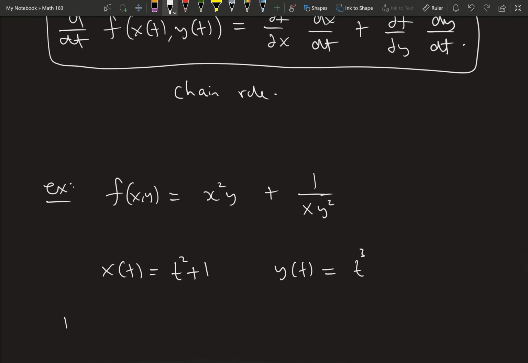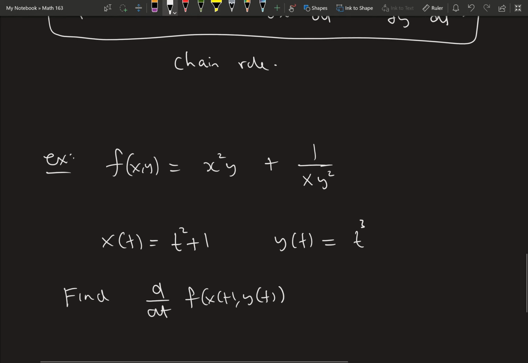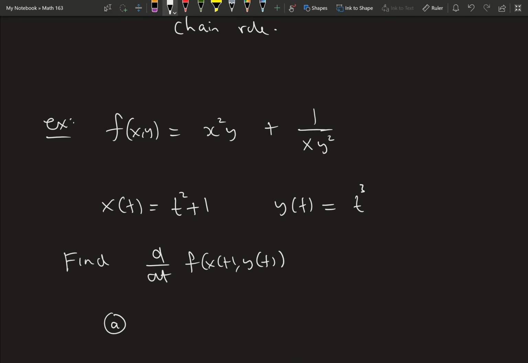And we want to find, in general, d by dt of f of x of t, y of t. And we also want to find it at a particular point, say t equals 1. So essentially we want to find two things: the general form of the derivative of f of x of t, y of t, and then its value at t equals 1. And we're going to use the chain rule.